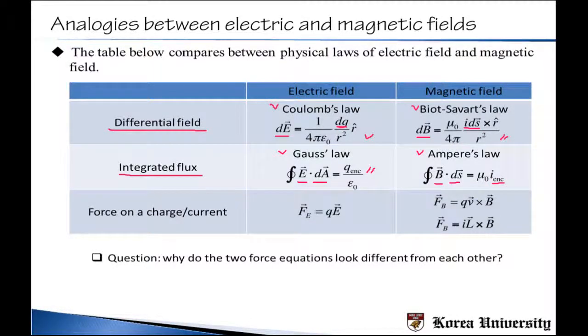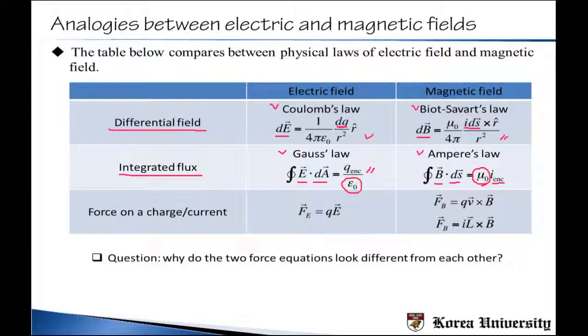Also remember that in the case of Gauss's law, the proportionality constant was the inverse of the electric permittivity constant. In the case of Ampere's law for the magnetic field, the proportionality constant was the magnetic permeability constant.